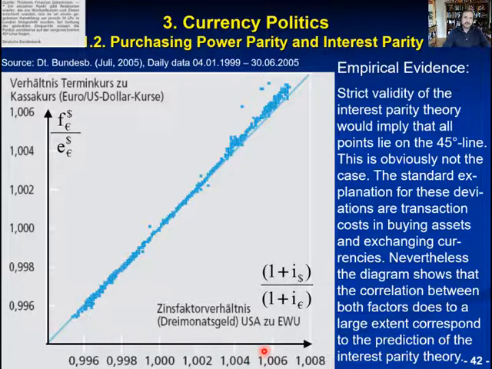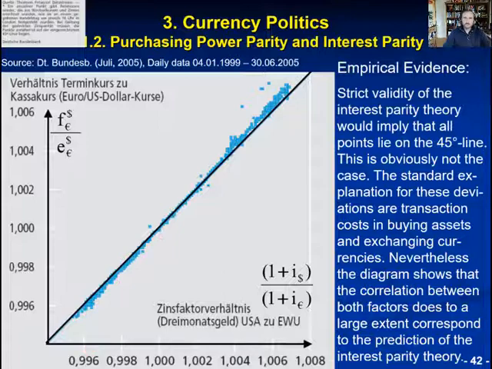The equation implies that all observation points should lie on the 45-degree line, this black line here. The 45-degree line is the bisectrix of this 90-degree angle of the diagram axis.